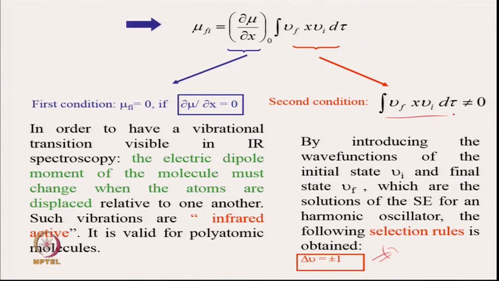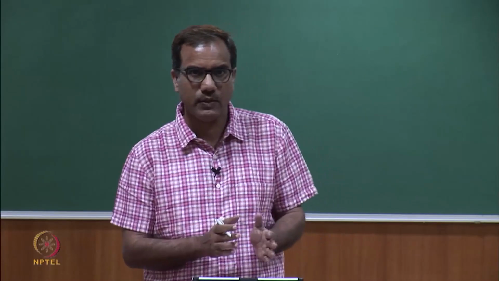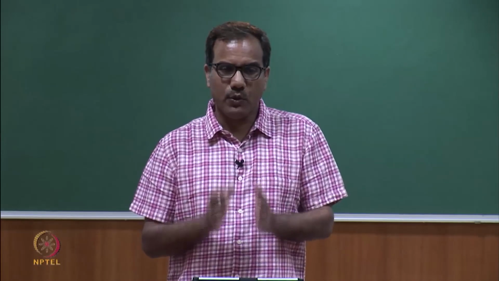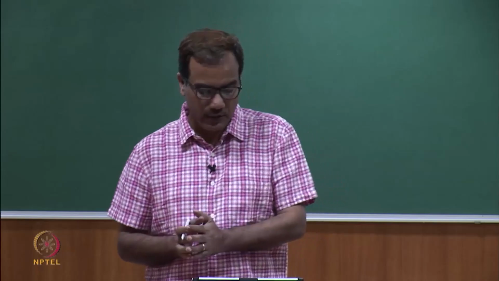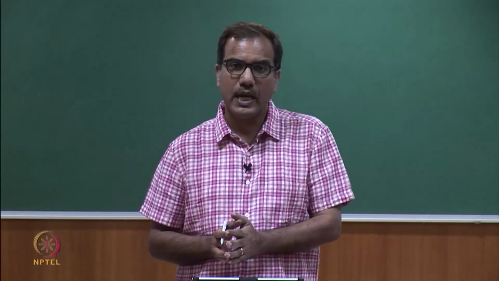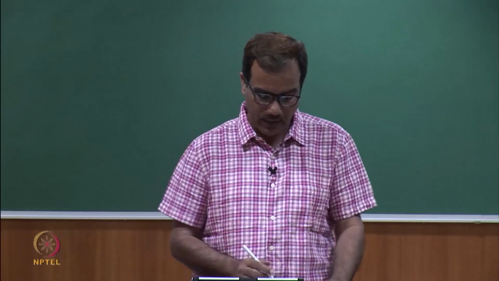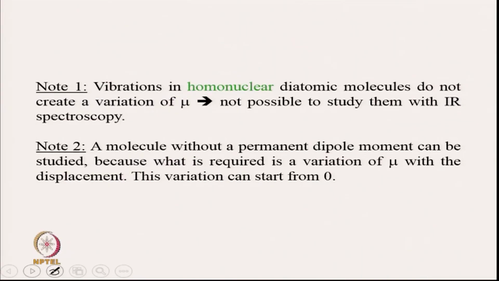So, there are two parts of the selection rule. One is that the electric dipole moment of the molecule must change during vibration, and the second is delta V equal to plus minus 1. That is the well known selection rule for vibrational spectroscopy.